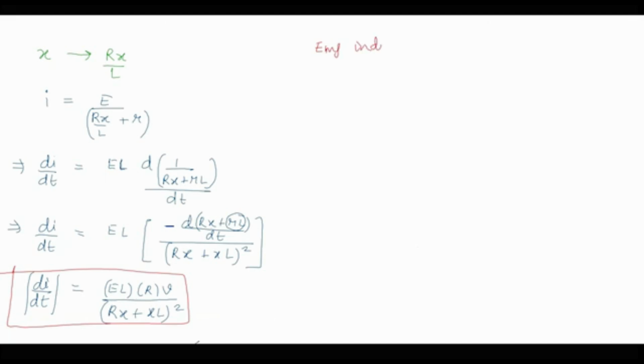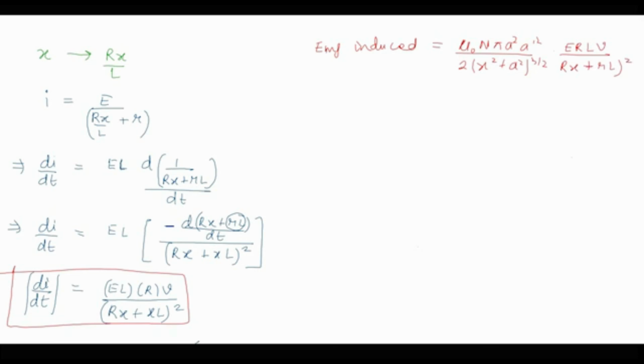So EMF induced can be written as mu naught n pi a square a dash square upon twice of (x square plus a square) to the power 3 by 2, times ERLV upon (Rx plus RL) whole square.